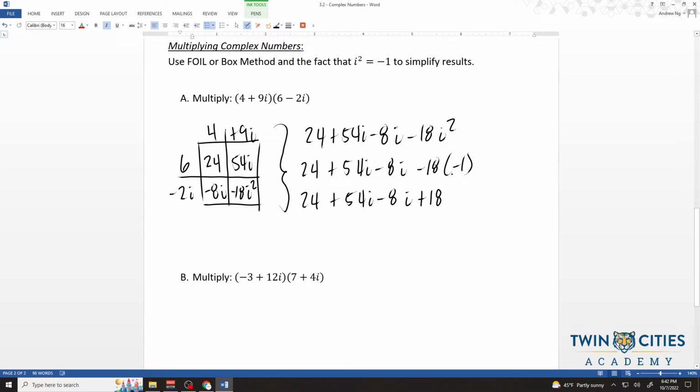Finally, combine like terms. 24 plus 18, that's going to make 42. And then 54i minus 8i, that'll be 46, so plus 46i.